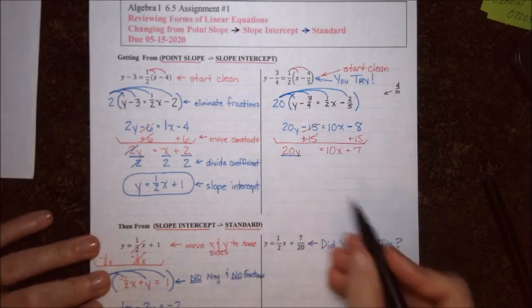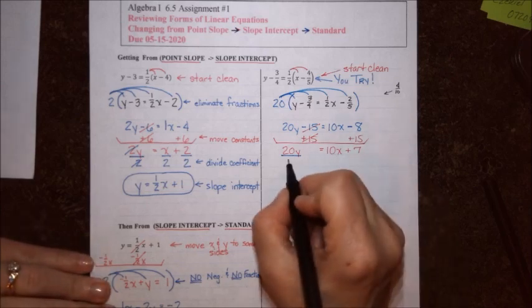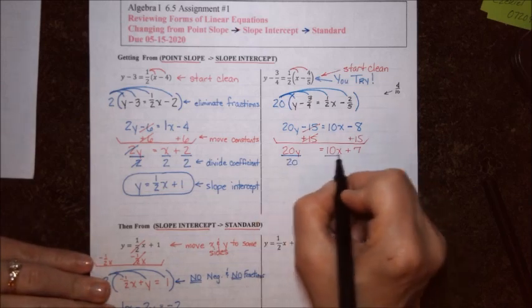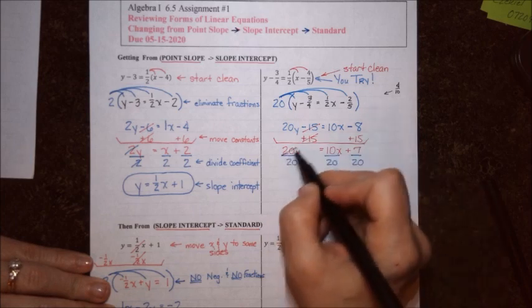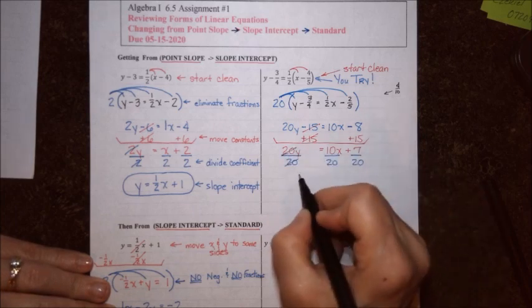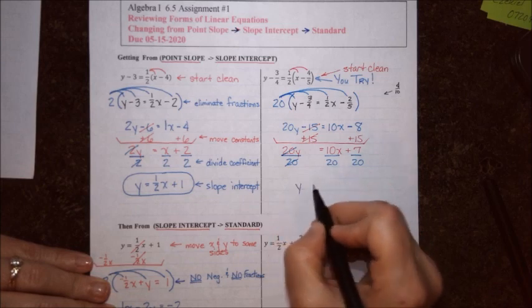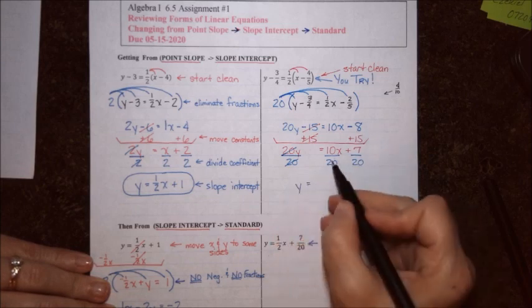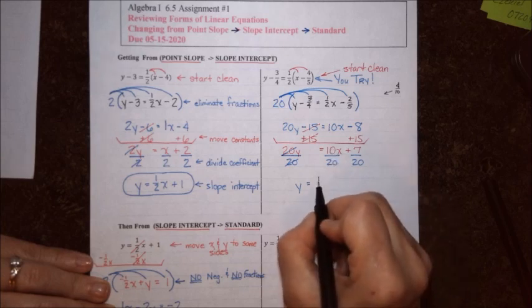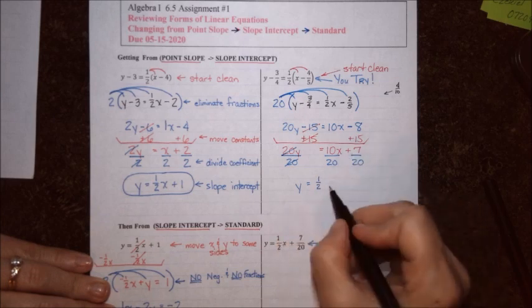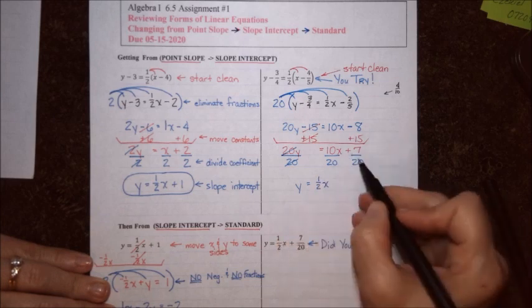Now I'm at a point where I can divide by my coefficient, right? So I divide by 20 throughout. Nothing gets left out. So now I have y is equal to, well, that's 10 over 20. 10 divided by 20 is 1/2. Easy. 1/2 x. Can I simplify this any further?